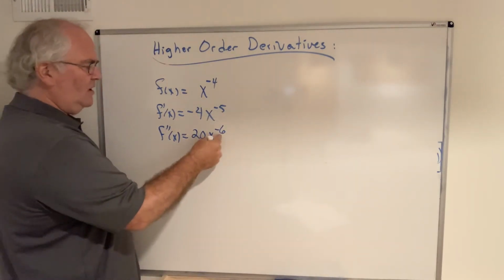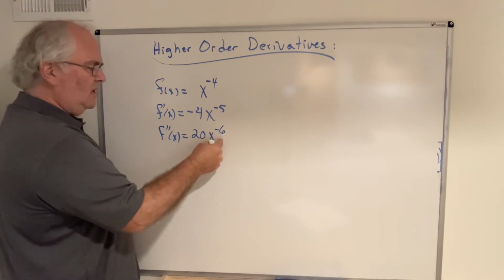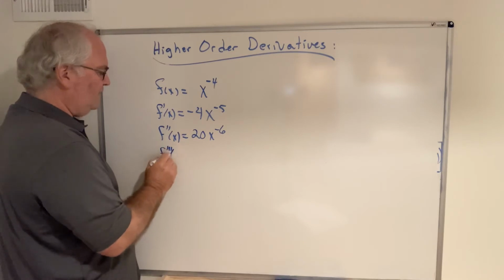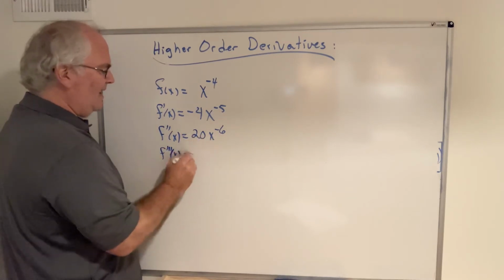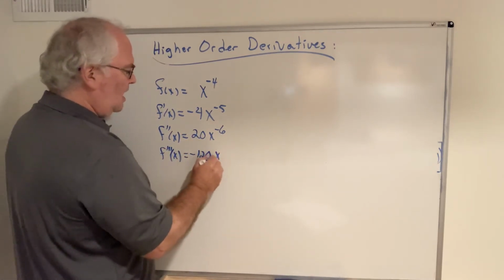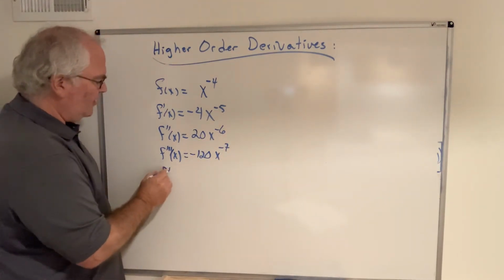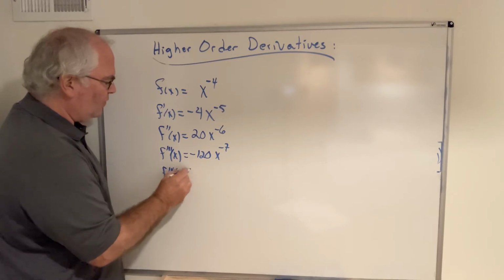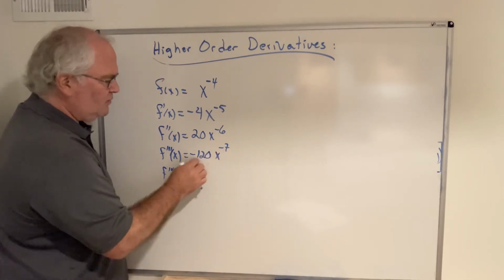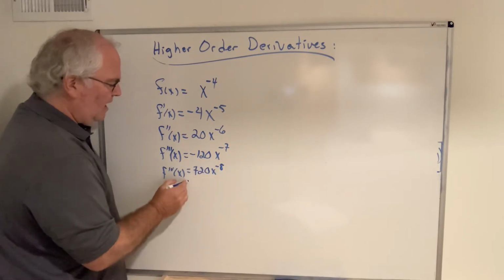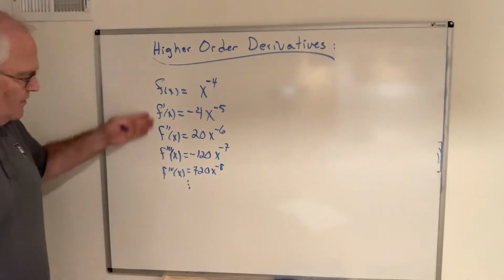And see, this is never going to go to zero because these continue to get larger and larger negative. Third derivative, if you wanted for some reason, that's negative 120 times x to the holy cow, negative 7. Oh my goodness, if for some reason I can't imagine why you wanted the fourth derivative, this would be positive 720x to the negative 8. And I'm getting tired of that. But you can see these don't zero out.